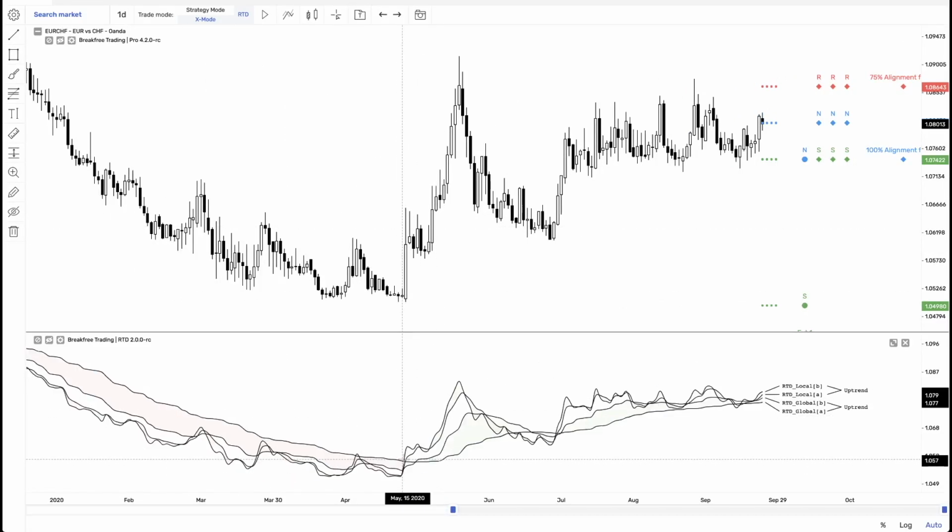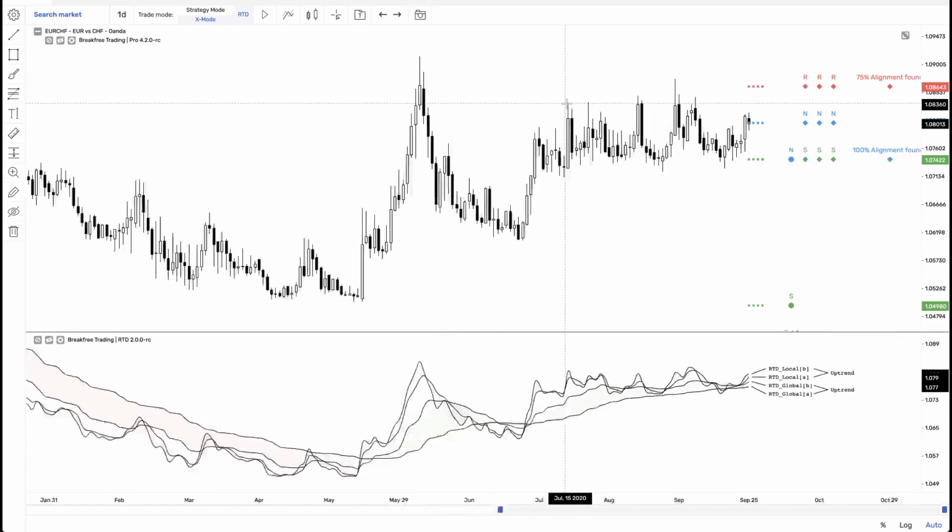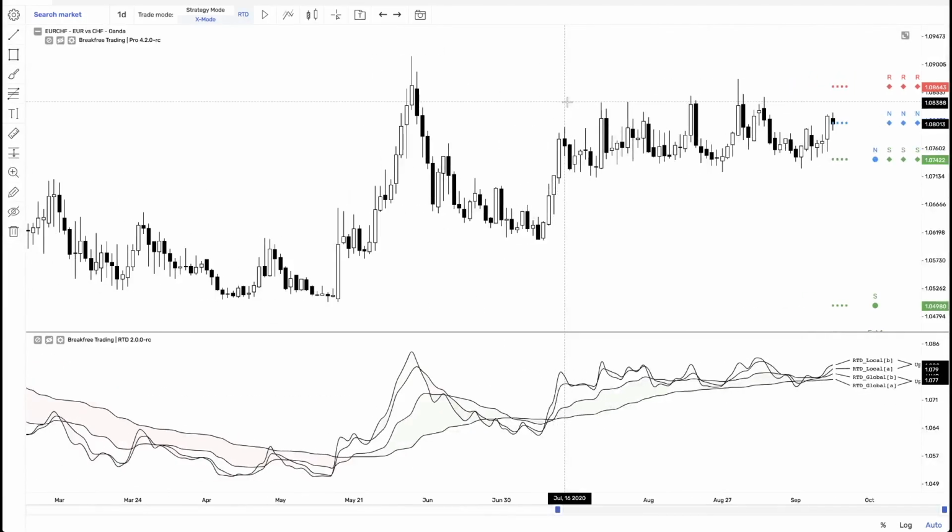And then here, we get a massive candle May 18 telling us something is going on. RTD local already bullish, and then slowly the global is following, and we have to push up. But what I want you guys to see here is how good local trend identified at the top, because already on June 8th, this very candle, it tells us, okay, we're heading down again, and indeed we are.